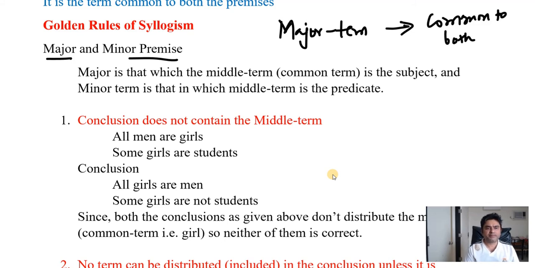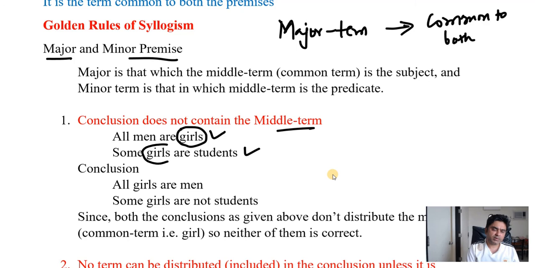Now look at the conclusion. All girls are men and some girls are not students. So these are given in the conclusion. It means when all is there, the subject is distributed, but here in the predicate man is written, and in some, neither S nor P is distributed.